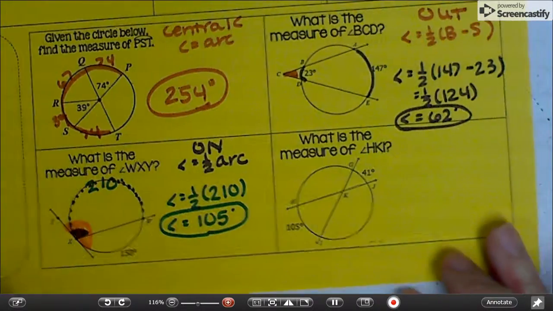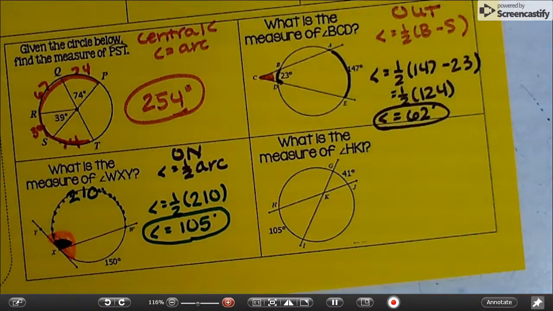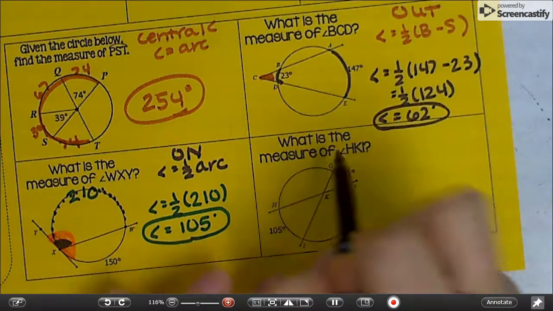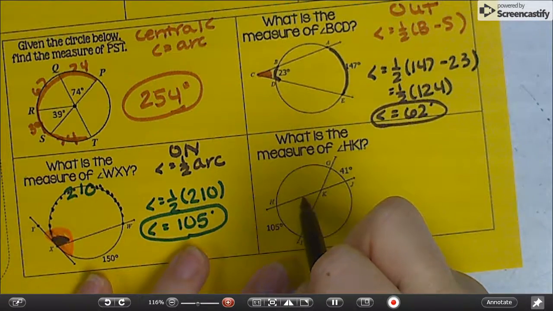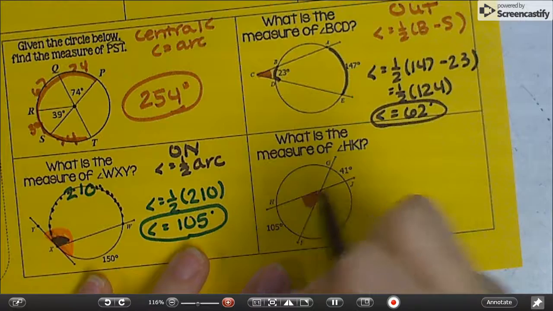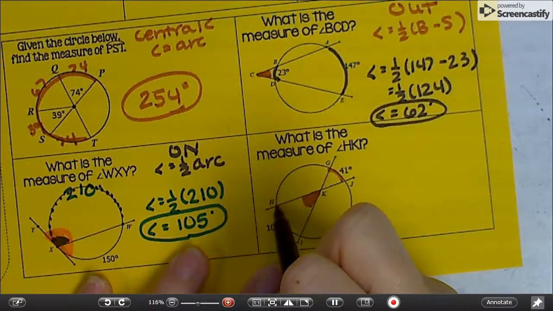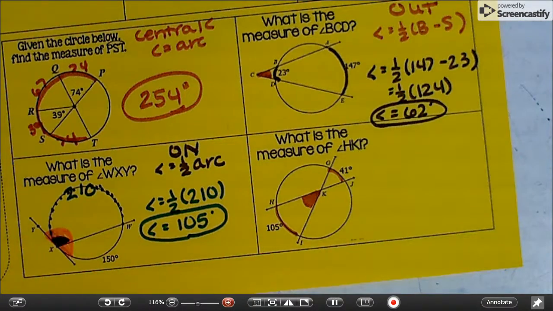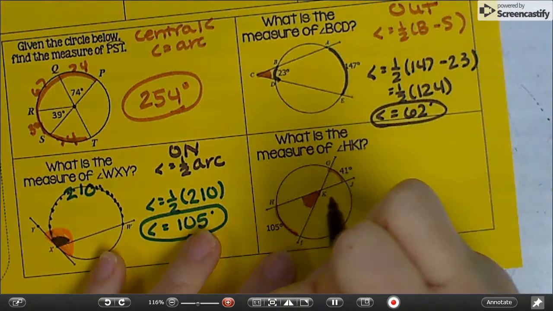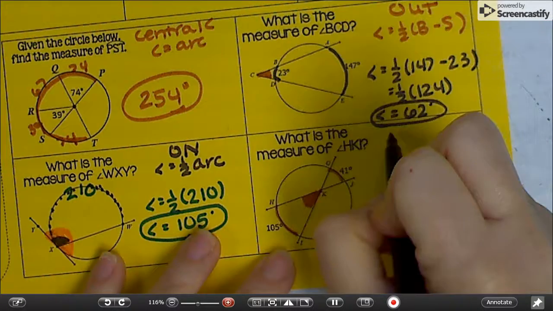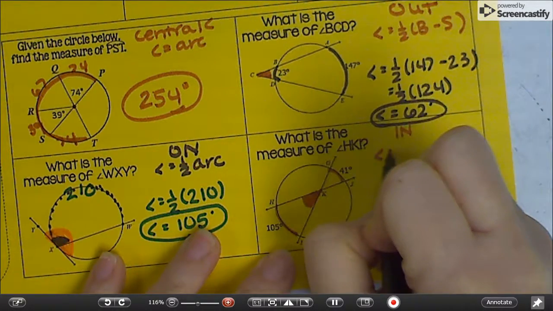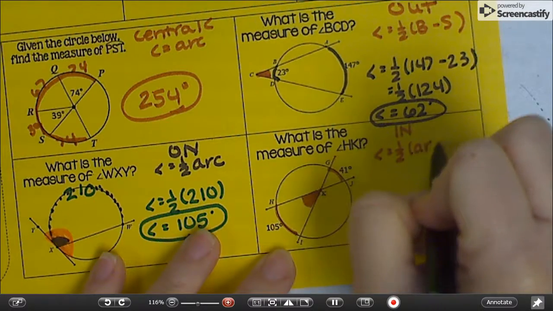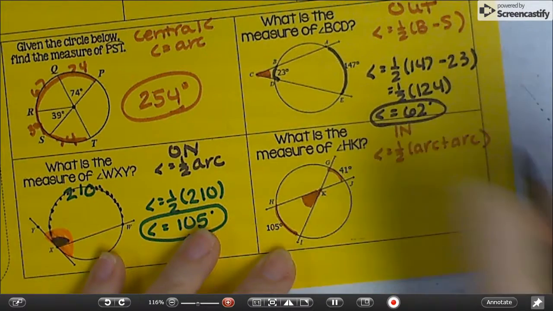And the last basic problem that we're going to do is this one. The directions say HKI, which is this angle. Its associated arcs are those two that it opens up to. Since the vertex is inside the circle, we're going to do angle equals 1/2 (arc plus arc).